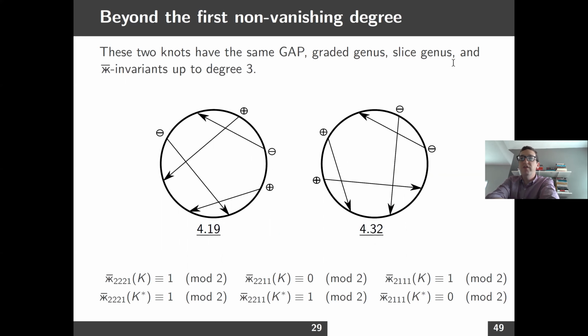They also have the same graded genus and the same slice genus. They also have the same J-bar invariants up to degree 3. However, you can compute the invariants up to degree 4. They're listed there at the bottom of the screen. And you can see that they don't agree identically. So that means that these two things are not concordant to one another.